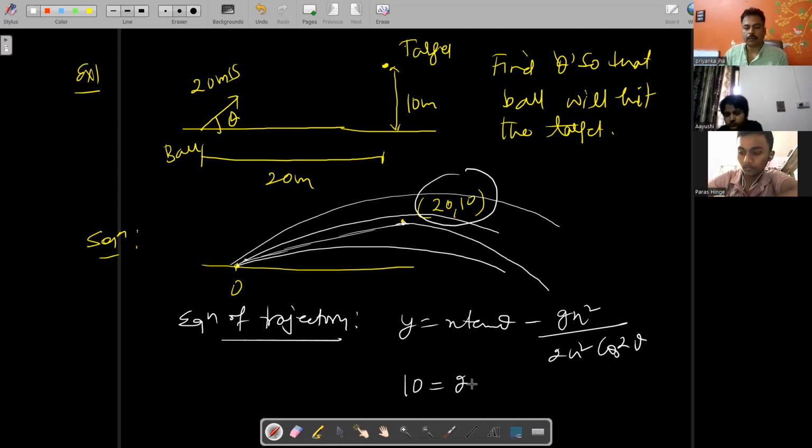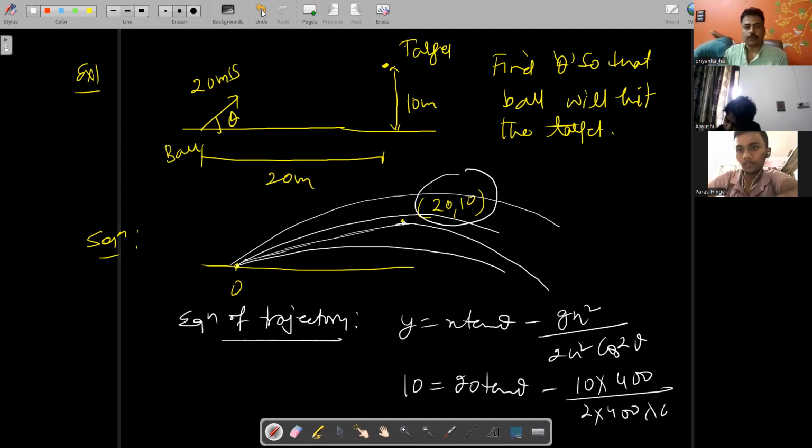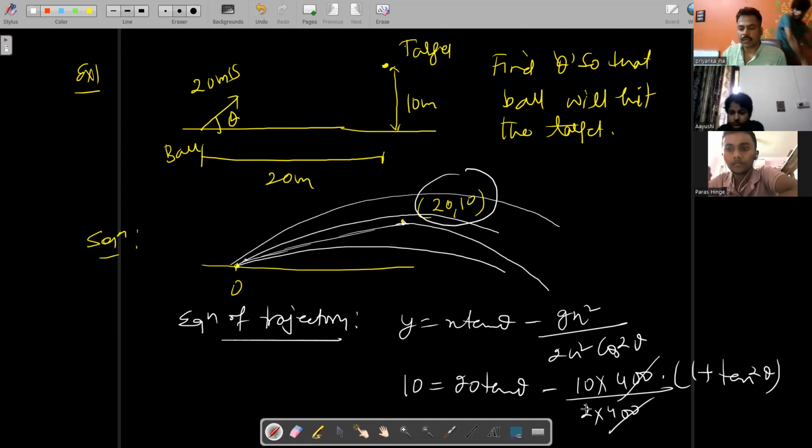Put here 20 tan theta minus g is 10, x is 20. That is 400 upon 2 into u square, which is 400, into 1 upon cos square theta. That is sec square theta. So sec square theta can be written as 1 plus tan square theta. This cancels, this cancels. Now you can solve it.